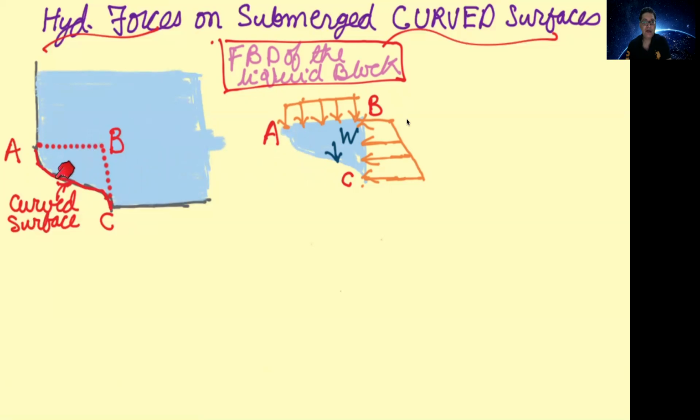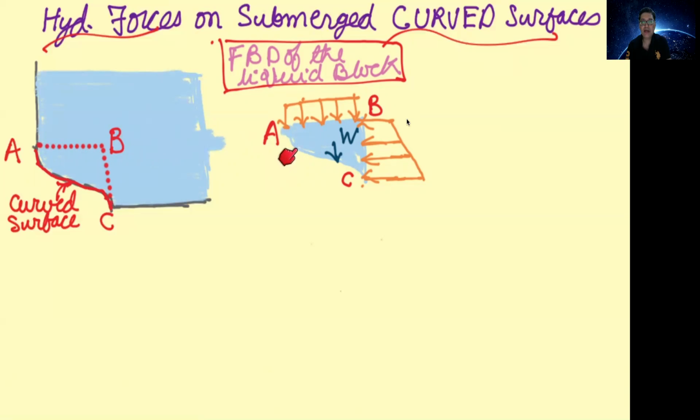But when we are drawing a free body diagram, we are not considering this hydrostatic force which acts on this curved surface. We take the force in the opposite direction. So we take a reactive force, and we will show the pressure distribution in this direction.